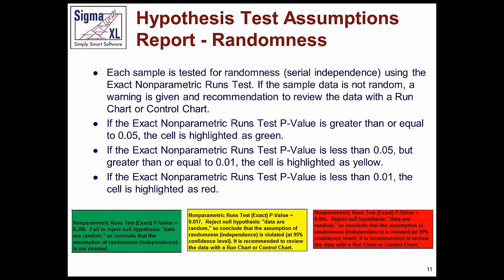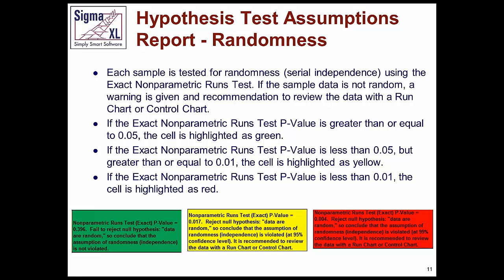report. Another test that is included is the test for randomness, serial independence, and that's the non-parametric runs test. So if the p-value is greater than 0.05, we're good. We conclude that the data are random. If the p-value is less than 0.05, we highlight that in yellow.